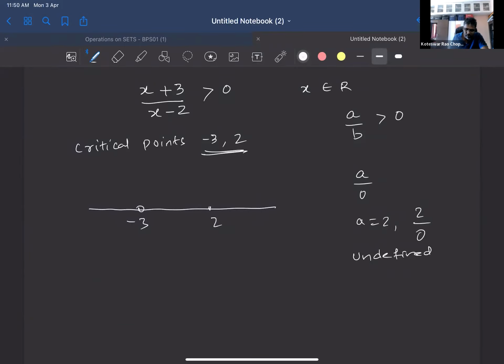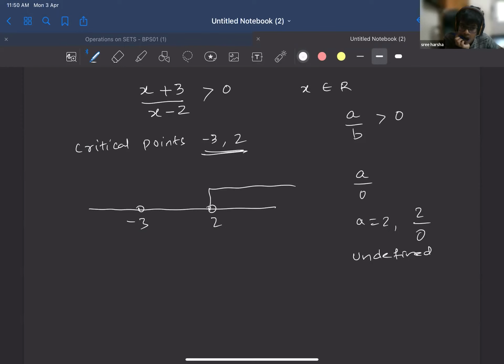Both of them are not included. But again, look at this. If you take any number greater than 2, your denominator will be greater than 0, and your numerator will be greater than 0. So something greater than 0 divided by something greater than 0, you will get greater than 0, right? So that side is positive.